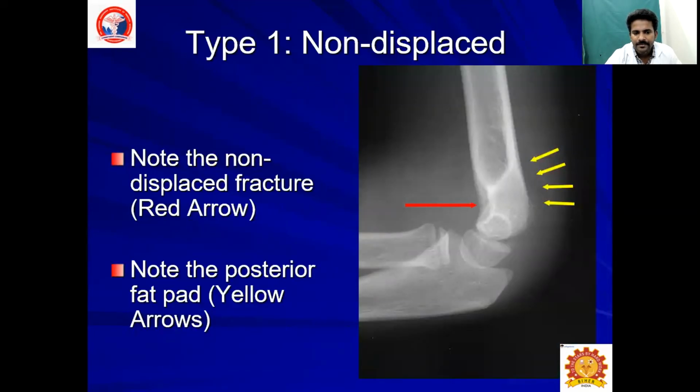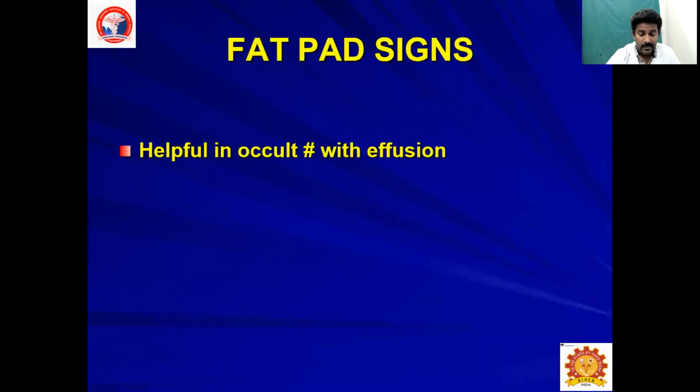I can note the red arrow, which is a non-displaced fracture. It shows the posterior fat pad sign, that is a dark black shadow seen posteriorly on the X-ray. It is very helpful in an occult fracture with effusion.